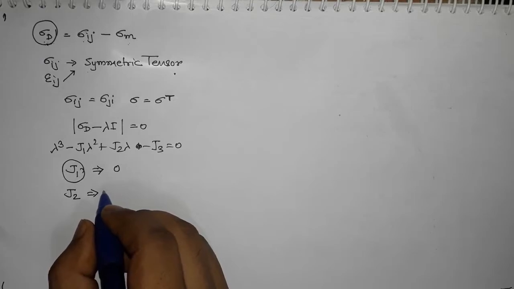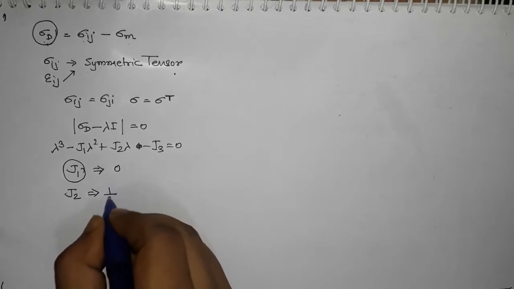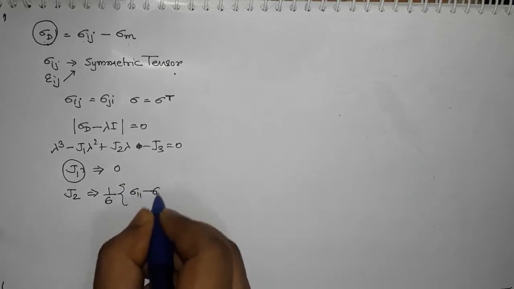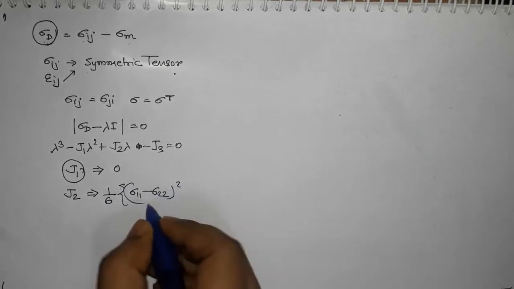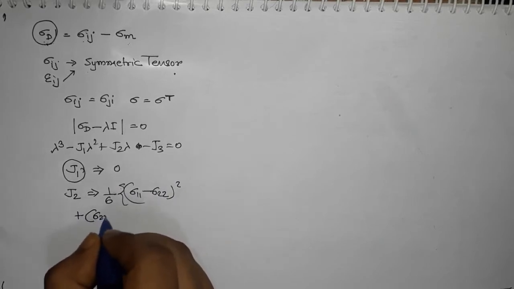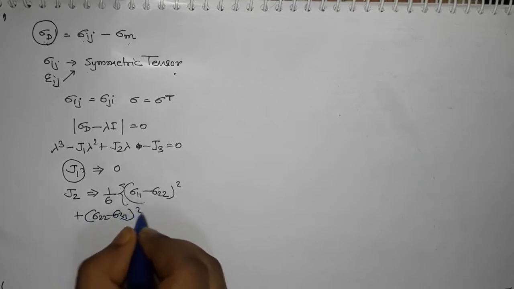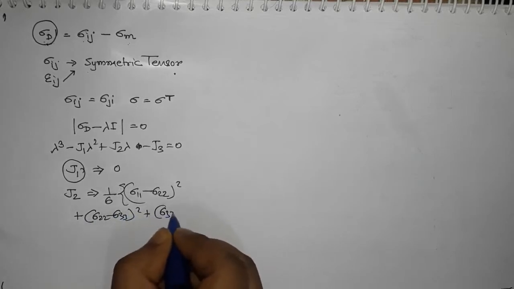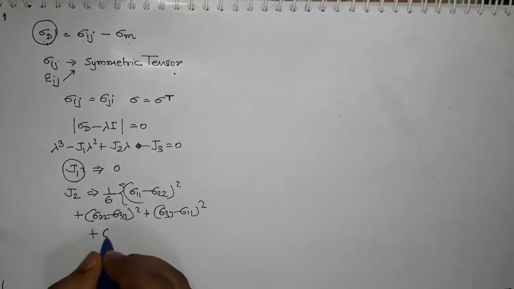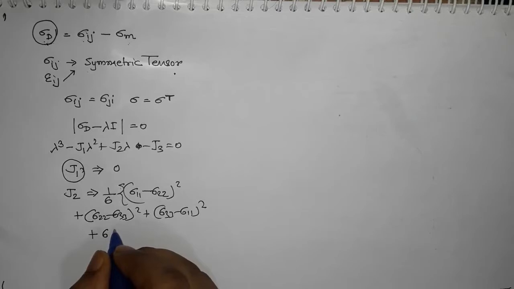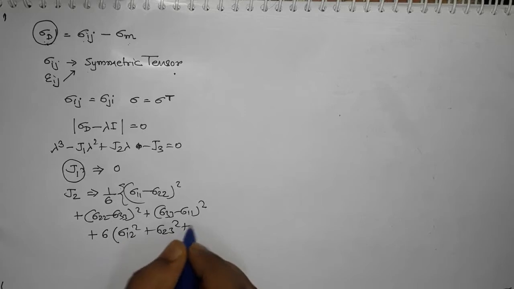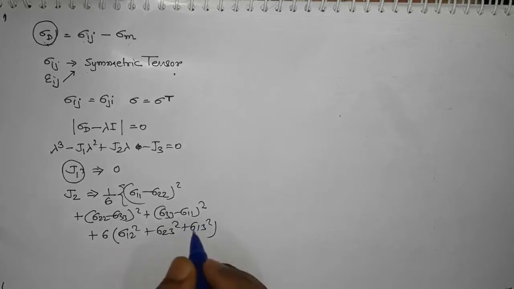So we can write J2 as 1 by 6 of [sigma 11 minus sigma 22] whole square, plus [sigma 22 minus sigma 33] whole square, plus [sigma 33 minus sigma 11] whole square, plus 6 into [sigma 12 square plus sigma 23 square plus sigma 13 square].